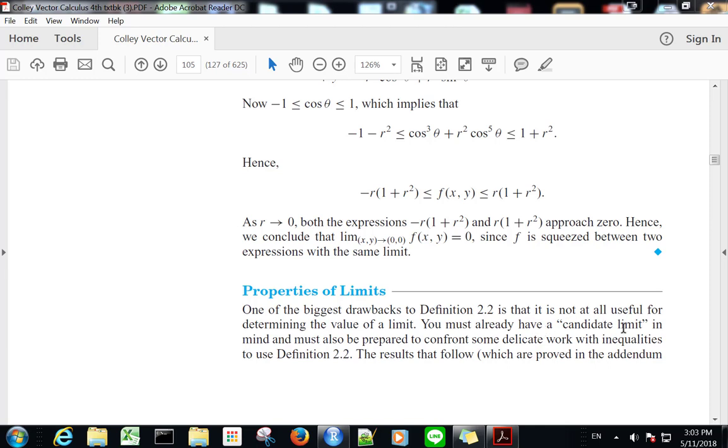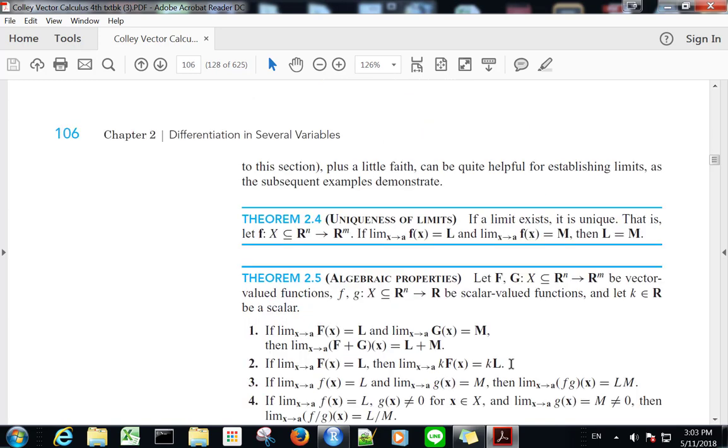So she says one of the biggest drawbacks is that you already have to have a candidate limit L in mind, and also must be prepared to confront some delicate work with inequalities. So the results that follow, which are proved later, can be useful to find limits. First of all, theorem 2.4 is called the uniqueness of limits.